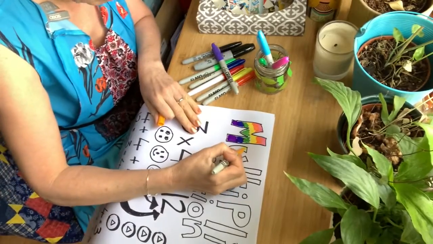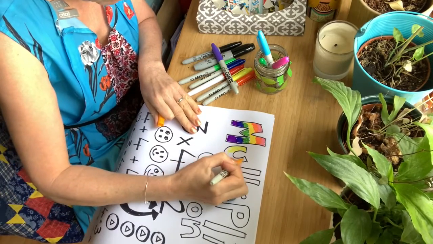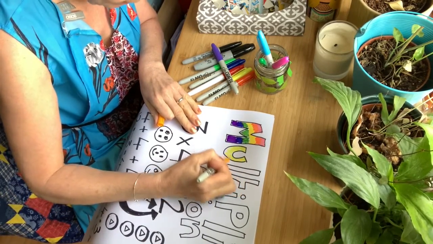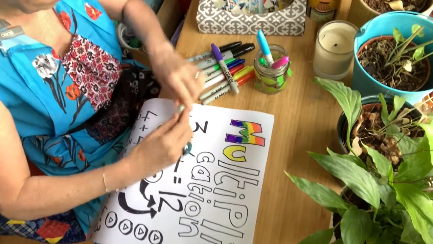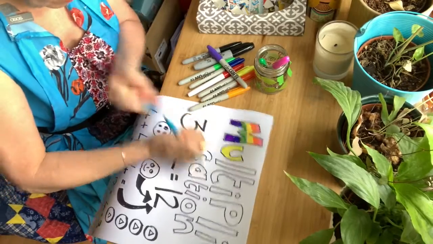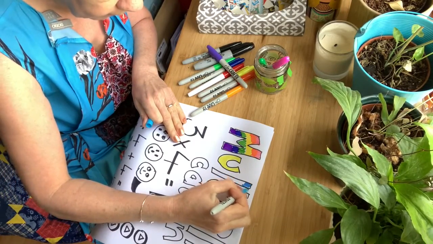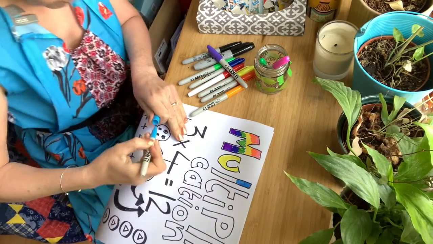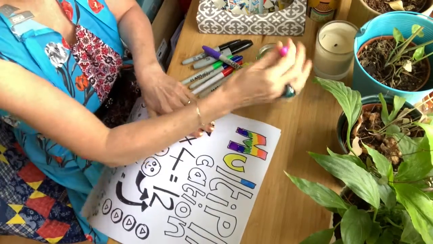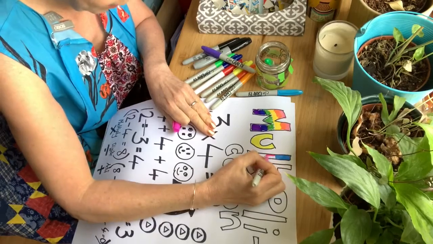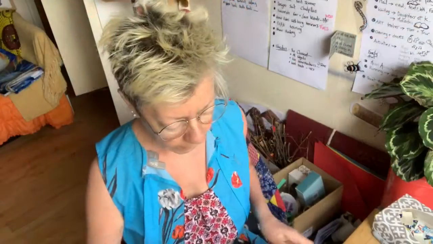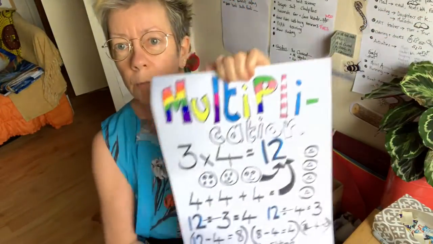You don't have to do the same thing over and over again. Every day in our life is different, and it should be, because you've got to have some interest in your life. You've got to have something that keeps you going, something that blesses you. So I'm just thinking here of the colours that I've got. I haven't got every colour, but I've got some colour. Okay, I've got my poster more or less finished here.